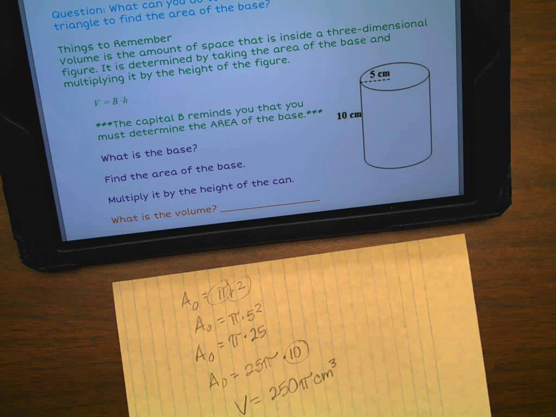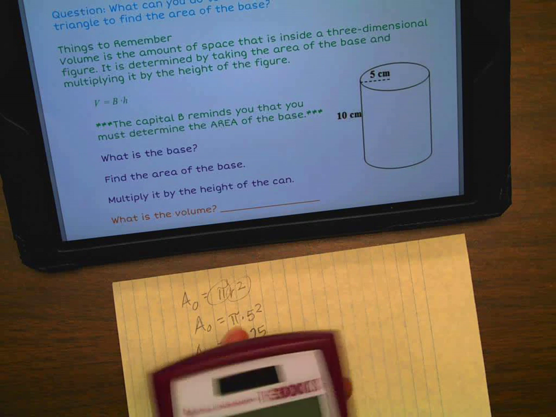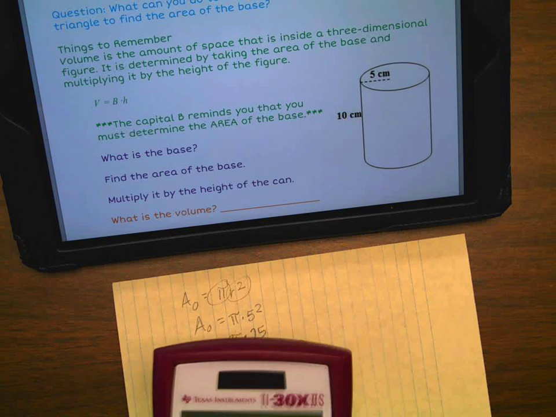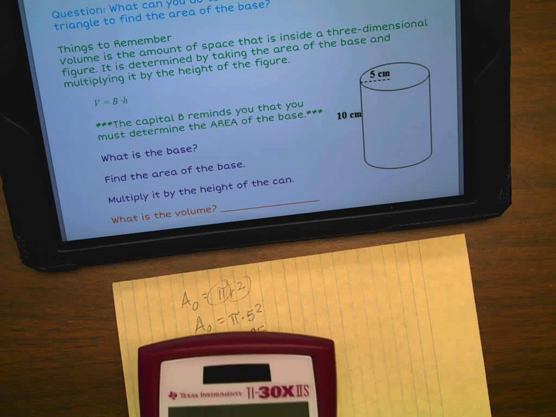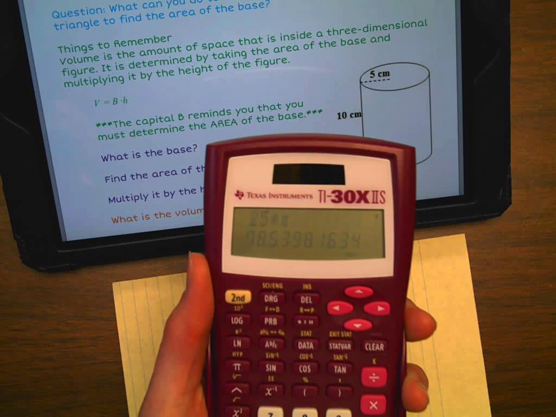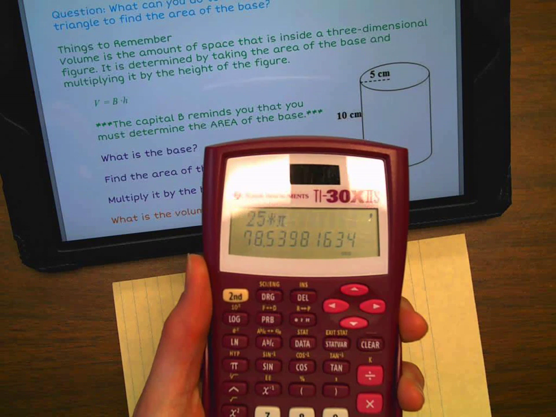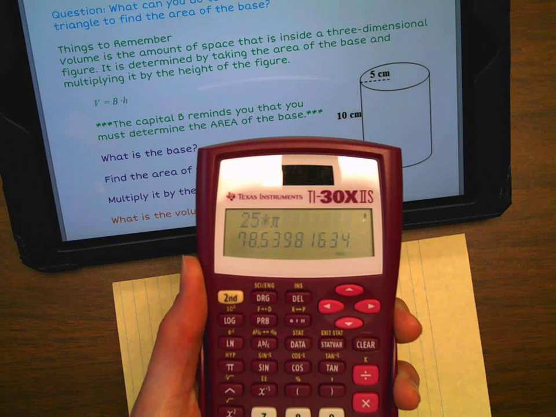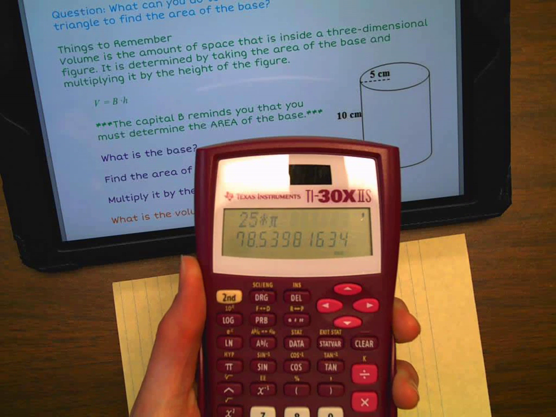Okay, if it doesn't say that you can leave it in terms of pi, then I would happily let you use a calculator. So you're going to take 25 times pi equals that number right there. Oops, you can't even see it, sorry. Okay, so notice that I typed in 25 times pi, and when I hit enter, I got 78.53981634.